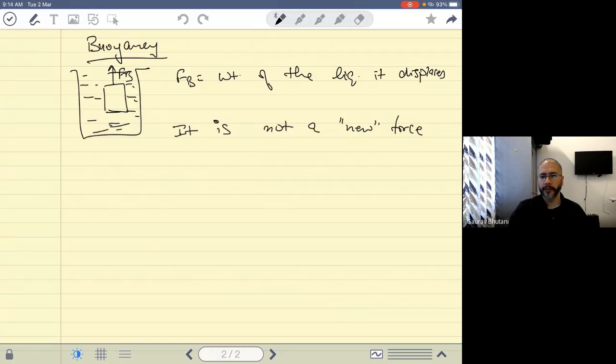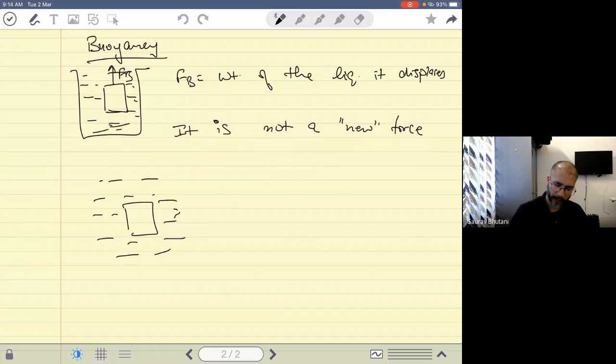This buoyancy force is simply a net effect that we see because of the pressure differential between the top and bottom surfaces of the solid. So let's take an example here. The same situation, but if I was to draw the free body diagram, then on the top surface, the force that will act is pressure times area.